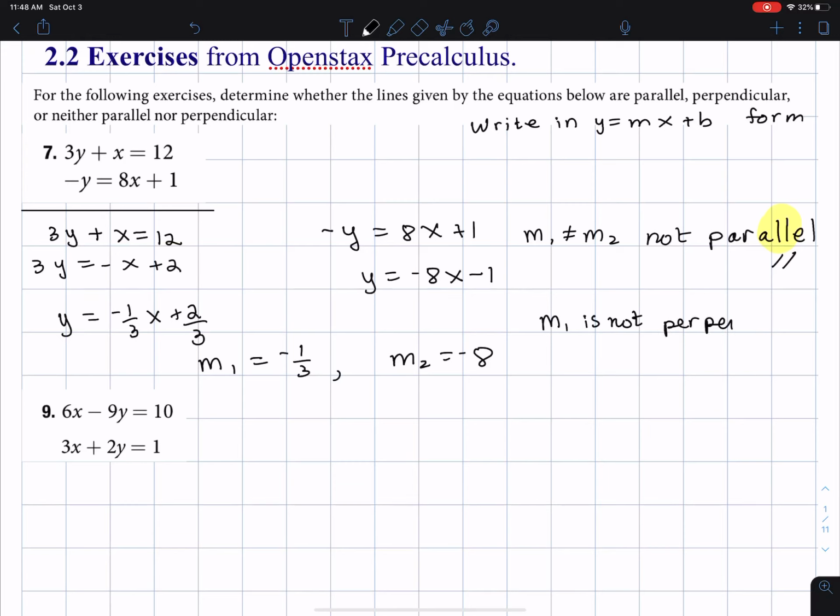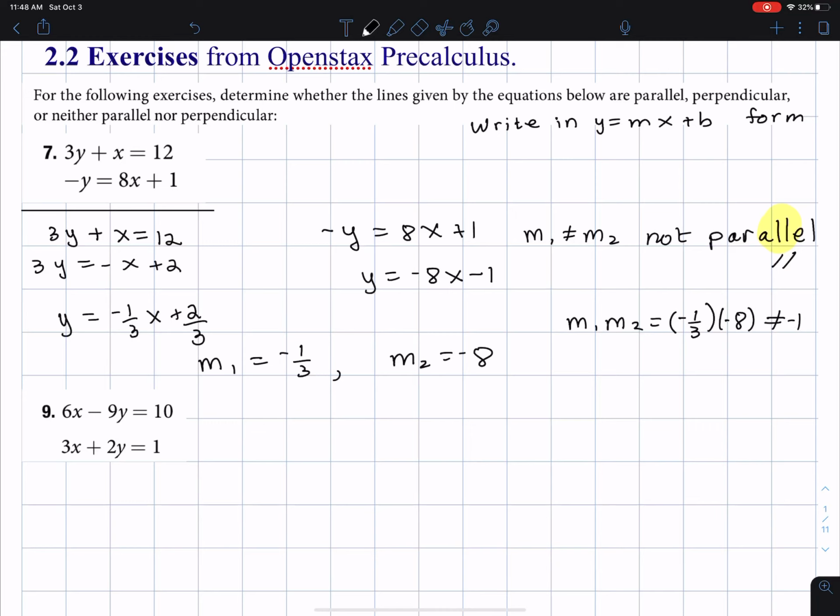Okay, m1 is not perpendicular. Actually, that's not really the right thing to say. We're going to find m1 times m2, and if m1 times m2 is equal to negative 1, they're perpendicular.